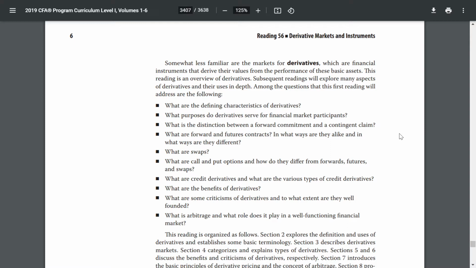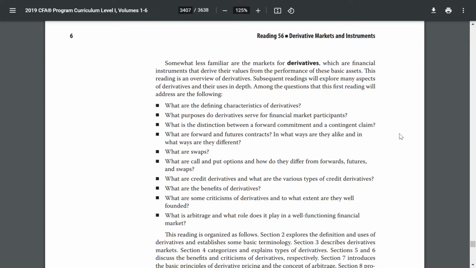Among the questions that the first reading will address are as follows. What are the defining characteristics of derivatives? What purpose do derivatives serve for financial participants? What is the distinction between a forward commitment and a contingent claim? What are forward and futures contracts, and in what ways are they alike and different?